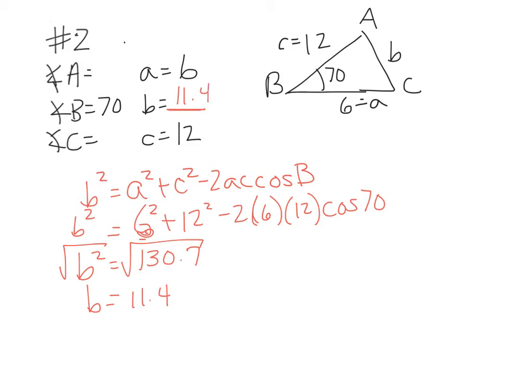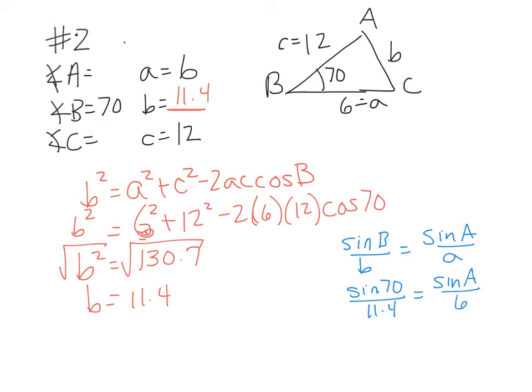And now we need angle A and angle C, so we can jump over to law of sines. So the sine of angle B over side B equals the sine of angle A over side A. So sine of 70 over 11.4 is going to equal sine of A over 6.